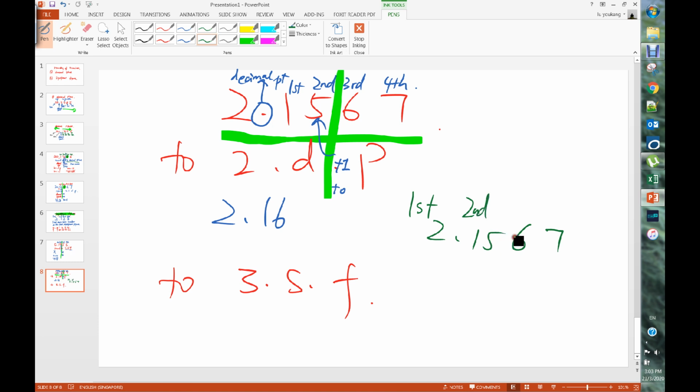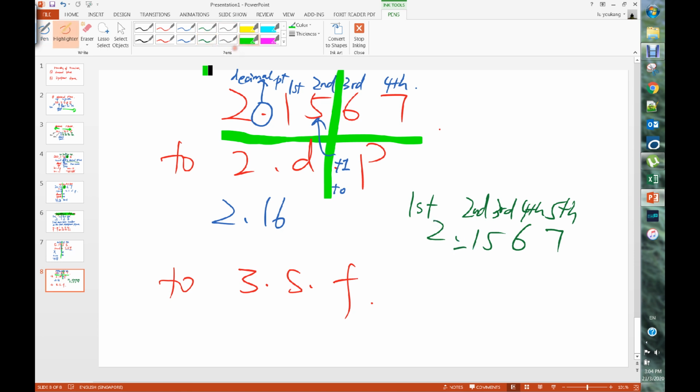This will be second. How come you never talk about the decimal point here? Don't care about the decimal point. Why? Because this is not decimal place. Then, this is what? Significant figure. Very good.